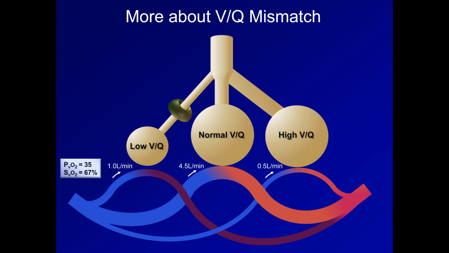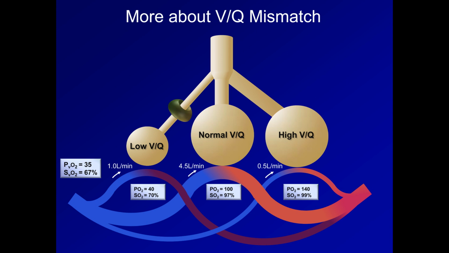Because ventilation is so poor in this first unit, the PO2 and O2 sat of blood leaving its capillary bed is only minimally increased over that of venous return. Meanwhile, the gas exchange in the normal unit is the same as before. And in the high VQ unit, since ventilation is in excess of perfusion, gas exchange is even better than normal, resulting in a PO2 of 140 and O2 sat of 99%.